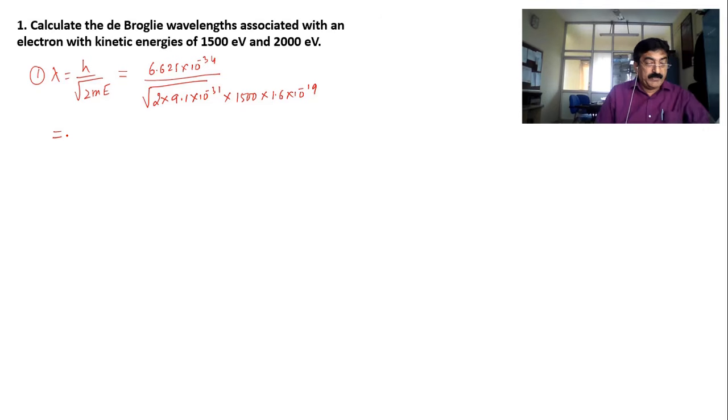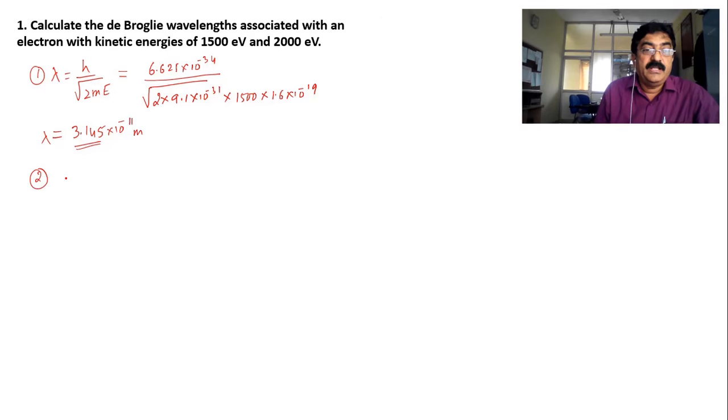When I do, I get the answer as 3.145 into 10 to the power of minus 11 meter. So you need not write all the decimals. You can approximate it to third decimal or second decimal also will do. So this is about the first numerical problem, and here you need not put it in 10 power minus 11. You can put it even in angstrom also. Okay, anyway, final answer is this one.